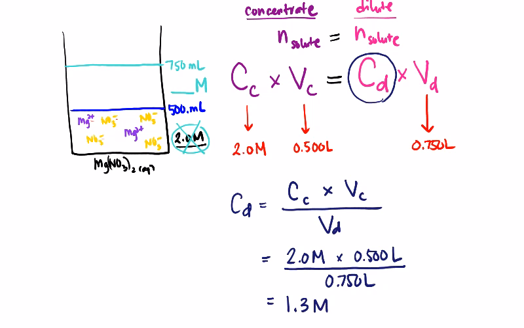This gives me a new concentration of 1.3 molar. So when I've diluted my 2 molar solution, 500 mL to 750 mL, the new concentration of the solution would be 1.3 molar.